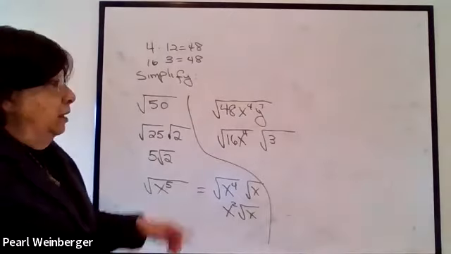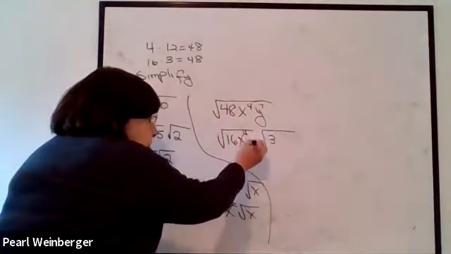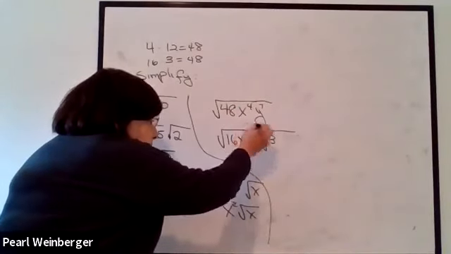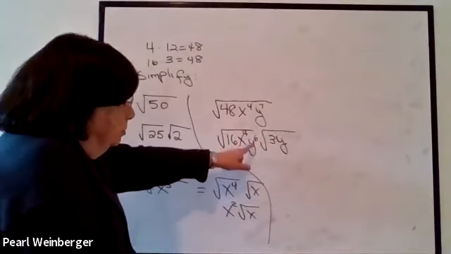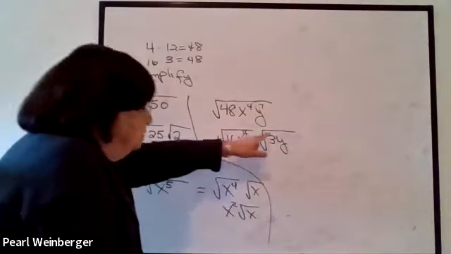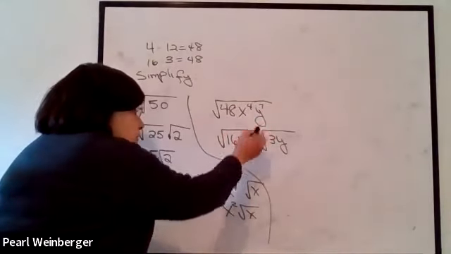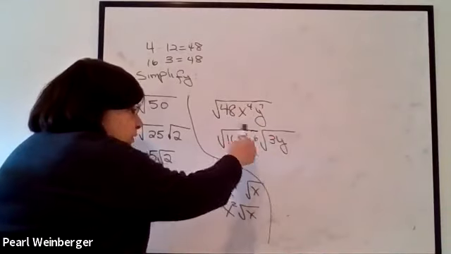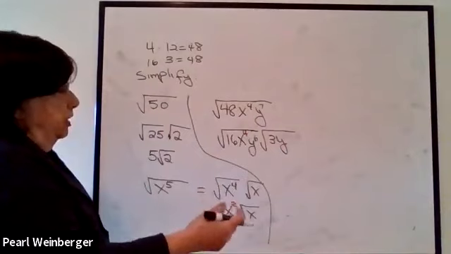I don't want that. So I take 1 away from the 7. That gives me y to the 6th. And that leaves me y for my second radical. Remember, 6 plus 1 will give me the 7. So in this first radical, I have all the perfect squares. In the second radical, I have what's left over.